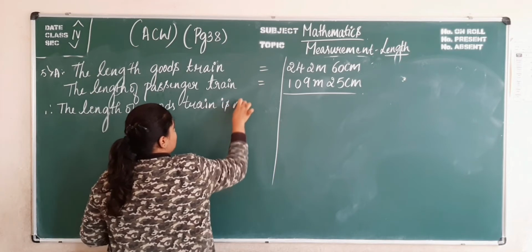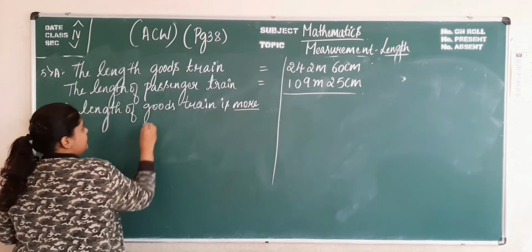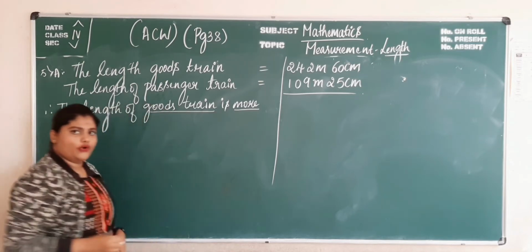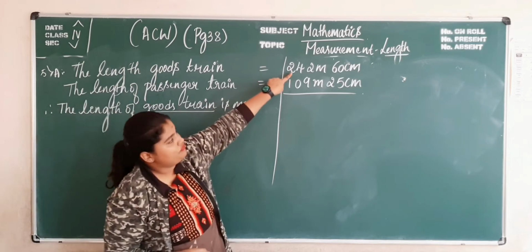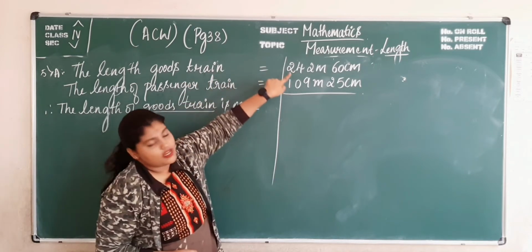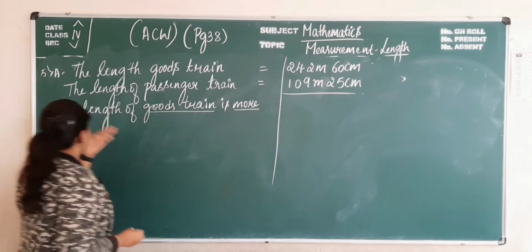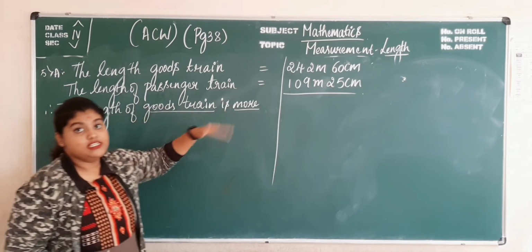Underline more and underline goods train. Because the value of the length of the goods train is more when compared to the length of passenger train. So I wrote, therefore the length of goods train is more.